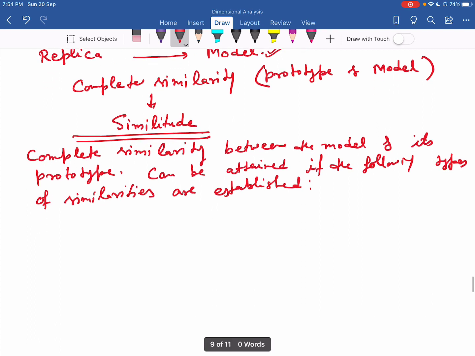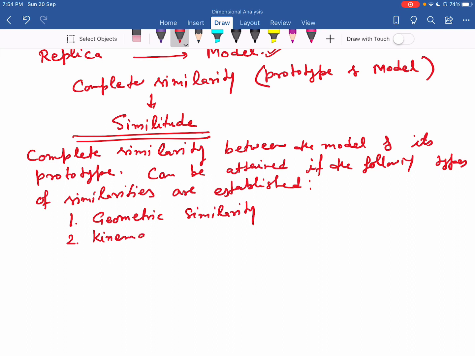Number one, the geometric similarity. The second one is kinematic similarity, and the third one is dynamic similarity. If we have established these three types of similarities between the model and the prototype, then we can say there is a complete similarity between the model and its prototype. So that is the similitude.